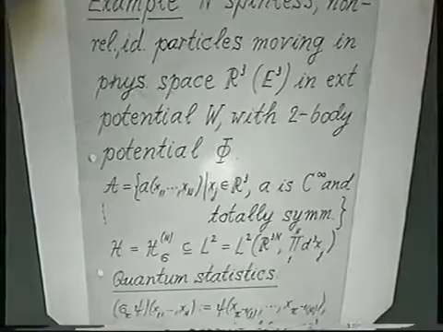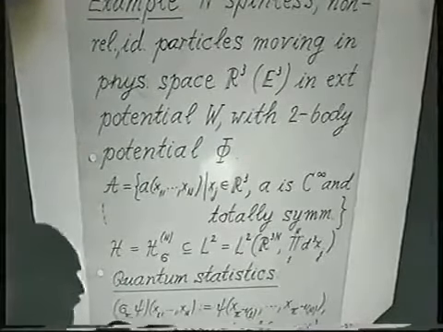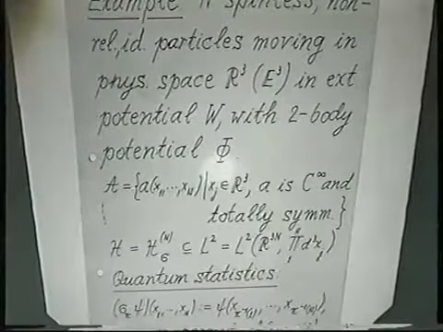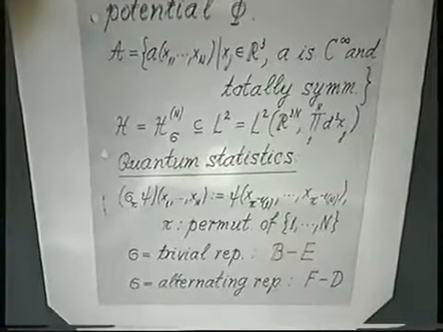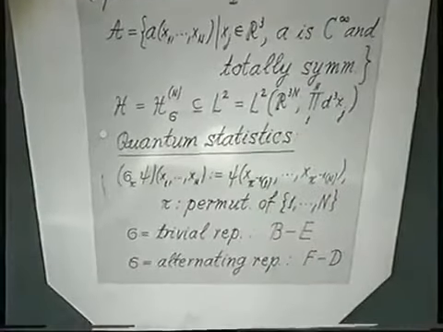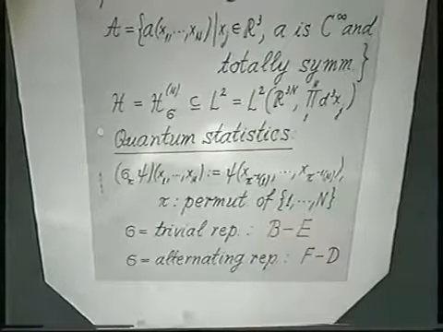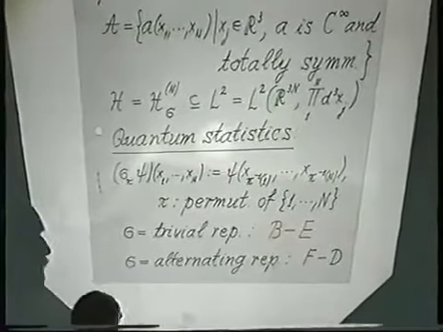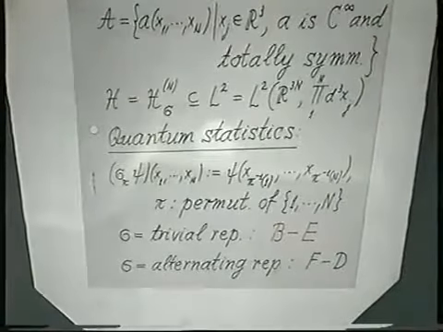The Hilbert space is a space of square integrable wave functions. And now comes a very important concept. Since the particles are identical, we have to specify how the state vectors transform under permutations of the particles.